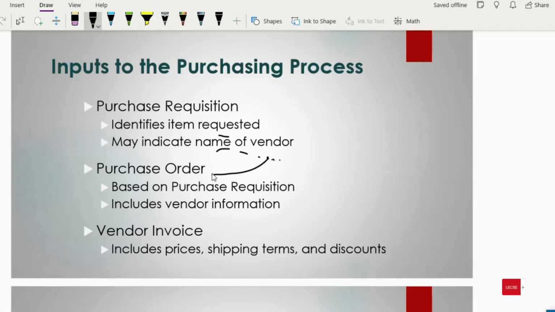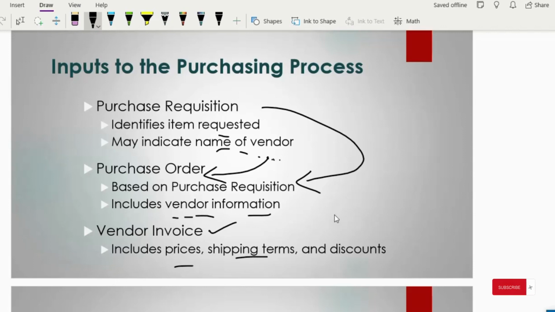It is followed by the purchase order. Based on this requisition, the order is generated, and it includes more details about the vendor. And then the vendor invoice, which includes the price, shipping terms, and the discount. Just like we have a sales invoice for the sales, we have a vendor invoice in the purchase process.